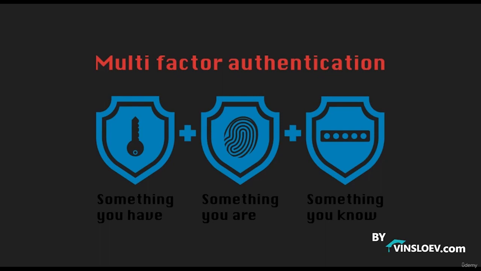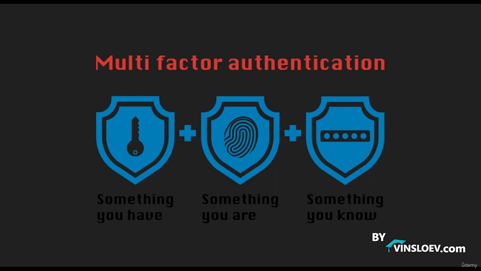But we are now starting to see a shift where a lot of services are implementing what is called multi-factor authentication. And when we are talking about multi-factor authentication, it basically comes down to us using two of these authentication factors instead of one. For example, you can have something you know, your username and password, and then something you have, for example your mobile phone.